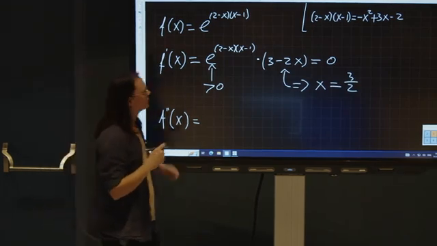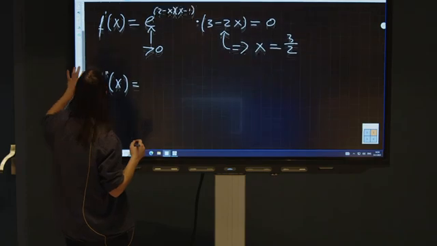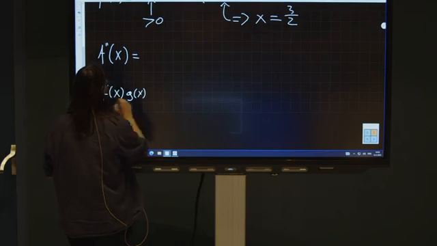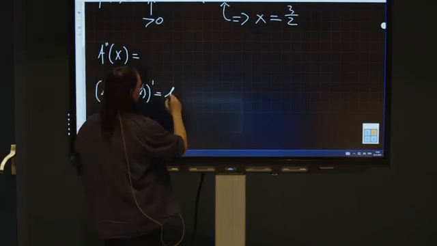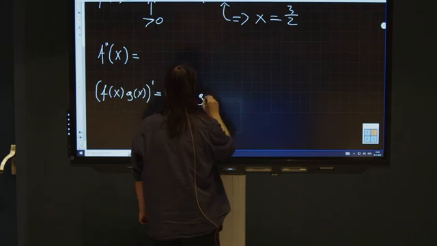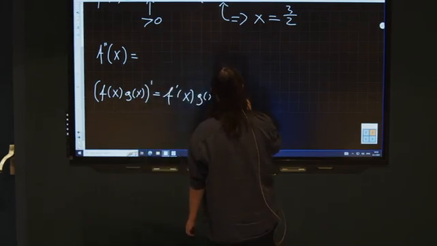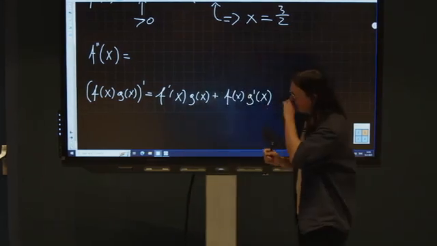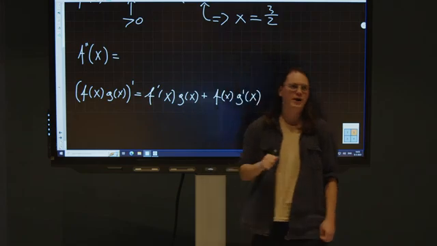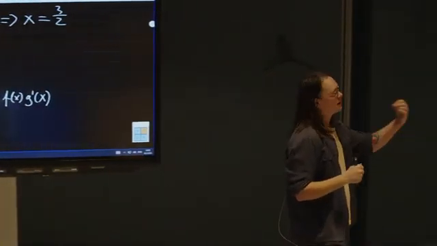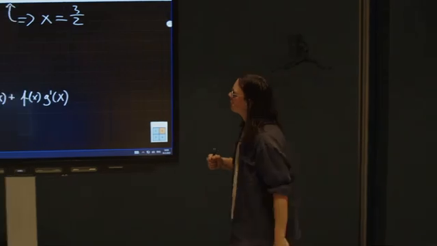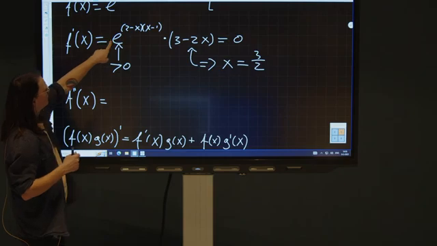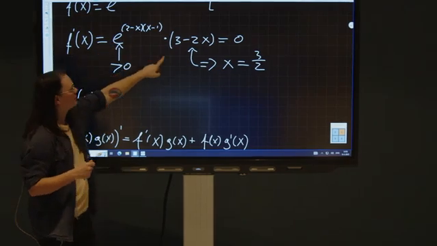So the product rule, to remind, says that the derivative of a product of functions is the derivative of the first factor times the second factor plus the first factor times the derivative of the second factor. So in this case, we take the derivative of this first factor times 3 minus 2x.